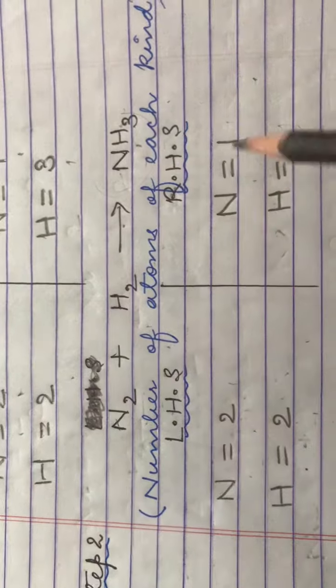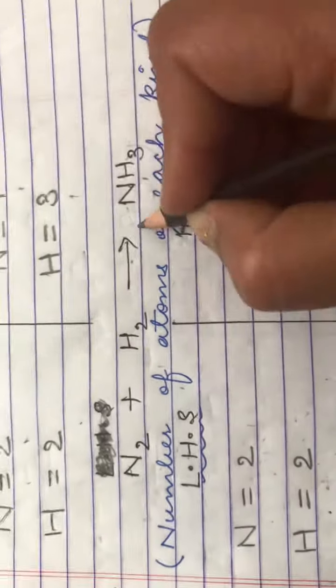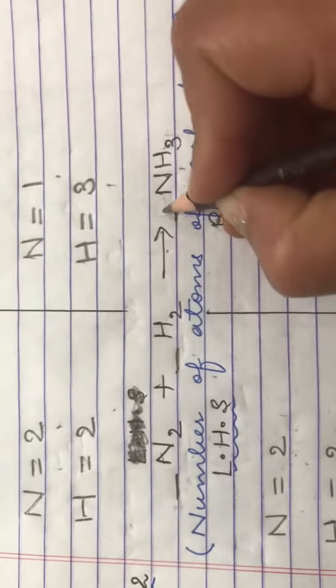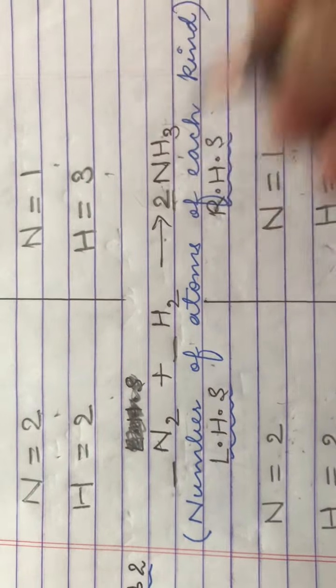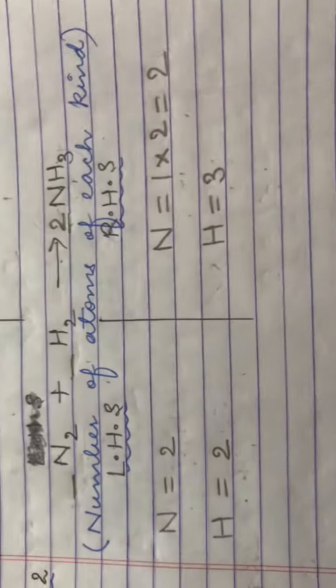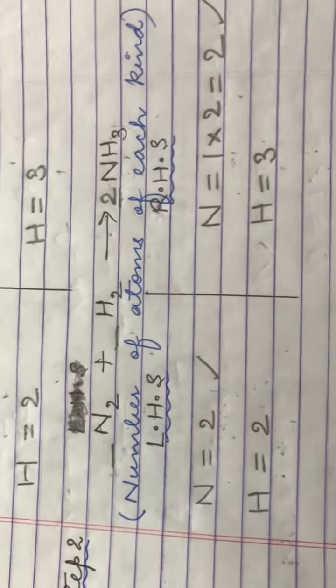So let us start by balancing nitrogen atoms first. For doing so, as we did earlier, we add numbers only in the prefix. To make nitrogen 2 on this side, the only way is by putting a 2. So nitrogen now becomes 2 on the right hand side, and the nitrogen atoms on both sides are equal now.